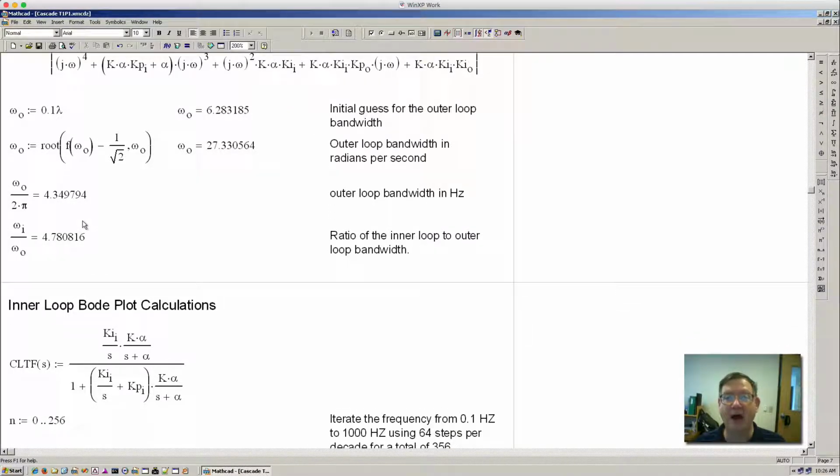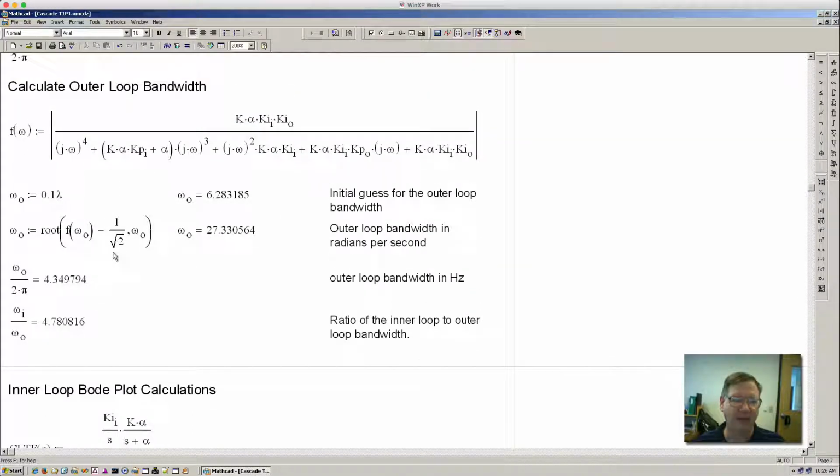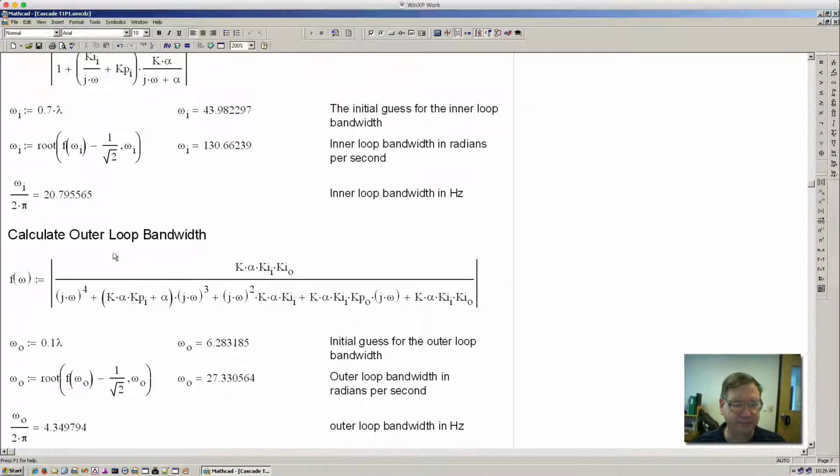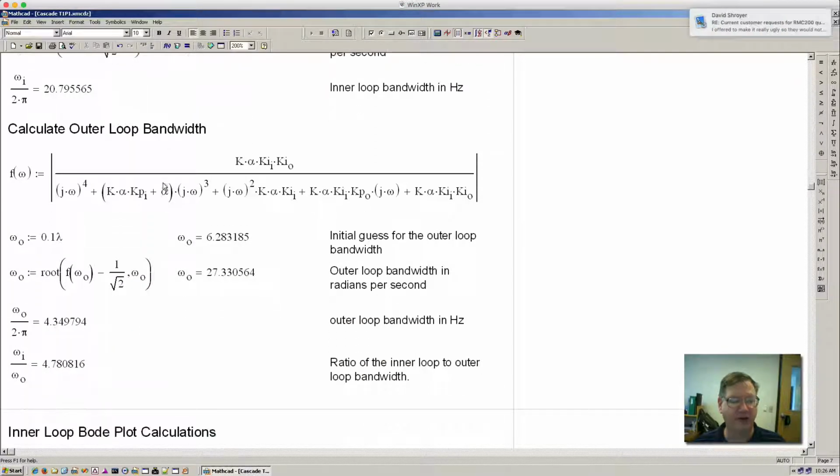And the ratio of the inner loop to the outer loop bandwidth is 4.78, and that's far lower than 10. And it changes. If I added a gain for the forward loop, put the proportional in the forward loop, that would change the results down here.